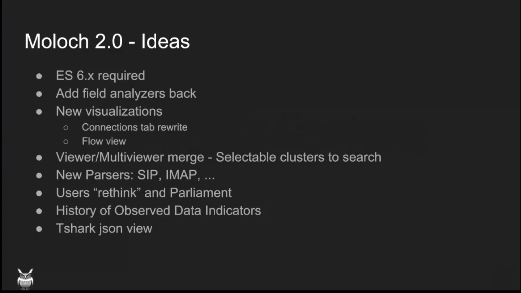So right now, if you wanted to do that, you would have to have multiple multi-viewers, each with one that's AB, one that's AC, one that's ABC, et cetera, et cetera. And it's confusing for most people, and it's not doing what they actually want. So it seems like a UI where you can just say, hey, I want to search just these clusters would be easier. And then just having one thing to run would be easier instead of different things.